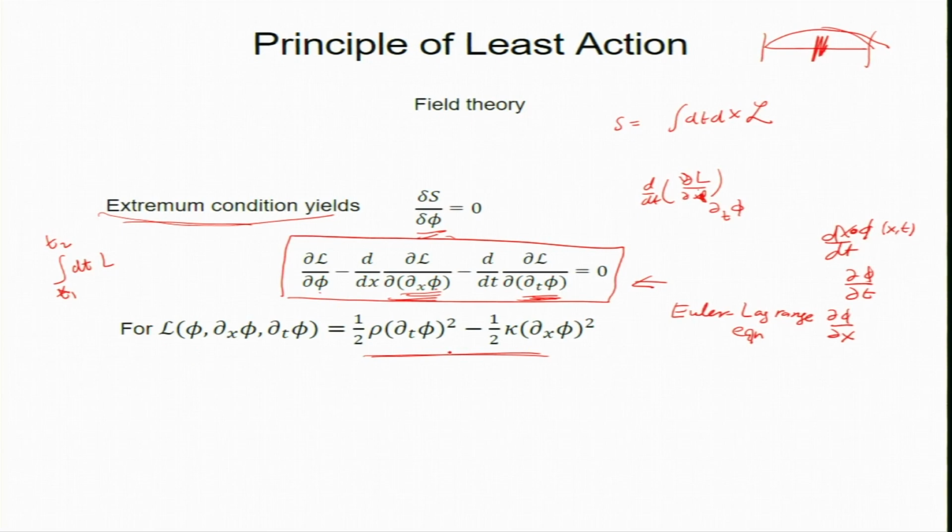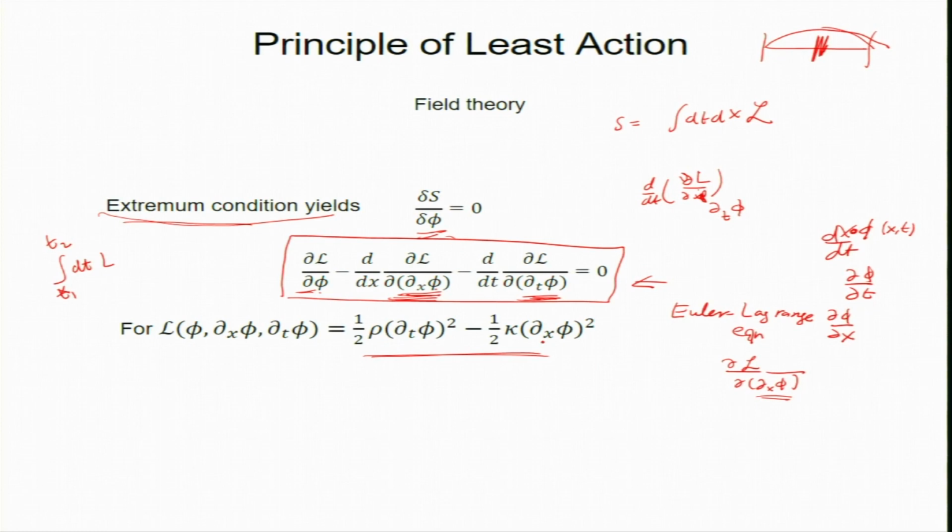This is my Lagrangian density. So, what about partial L partial phi? This one is 0, it is not an explicit function of phi, 0. What about this one, partial L partial of d x phi? So, take this Lagrangian and take the derivative with respect to partial x phi.